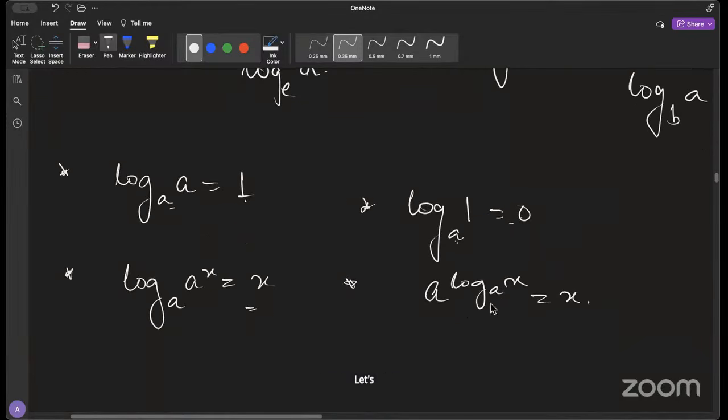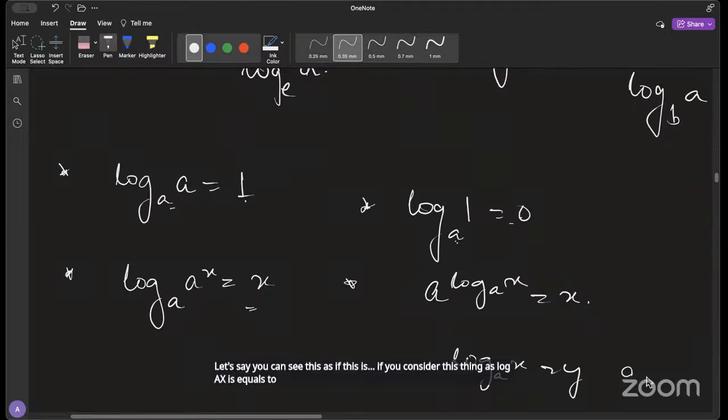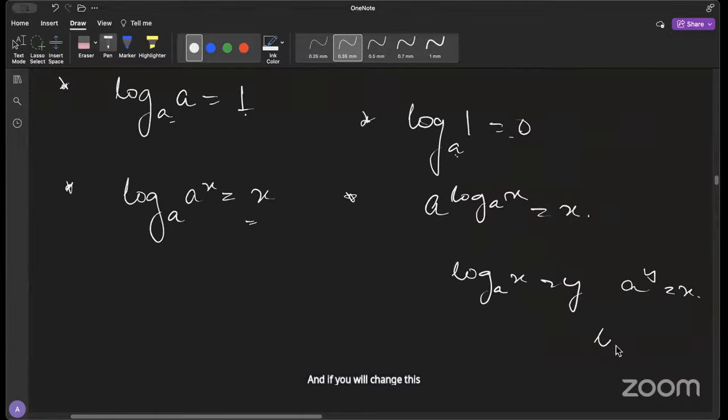You can see this as, if you consider log base a of x is equal to y, you'll have a to the power y is equal to x. And if you change this, you will have log base a of x is equal to y. So we're getting the same thing.